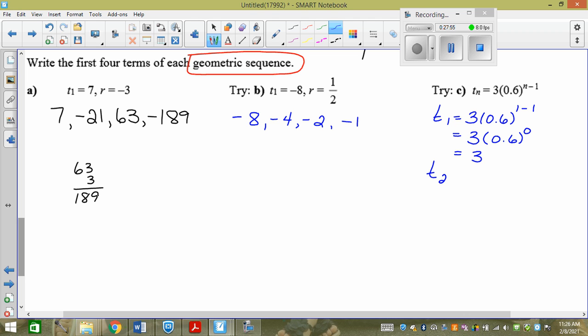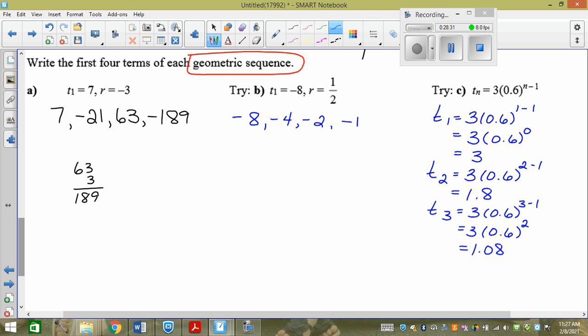Term 2 is 3 times 0.6 to the 2 minus 1. 3 times 0.6 is what? What do you get? Pardon? 1.8? Yeah. And then term 3 is 3 times 0.6 to the 3 minus 1. So 3 times 0.6 to the 2, which is 1.08. Is that true?